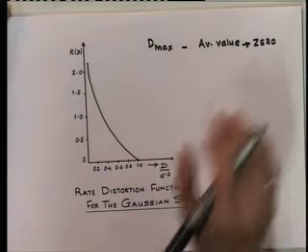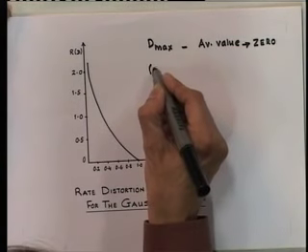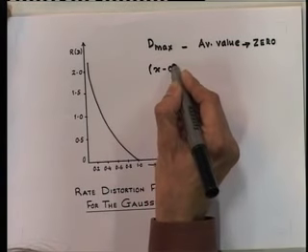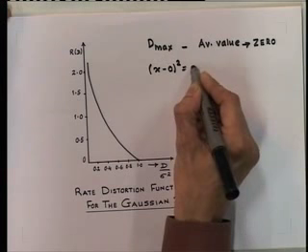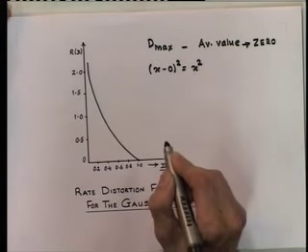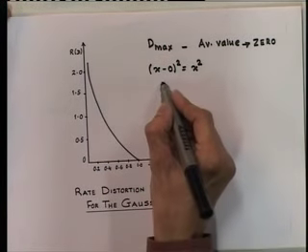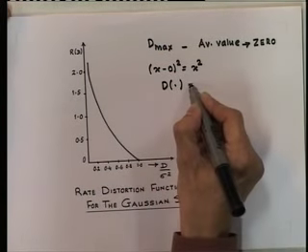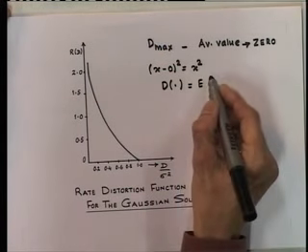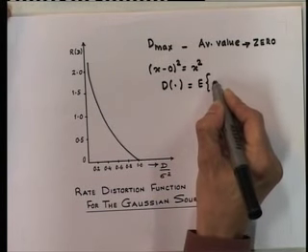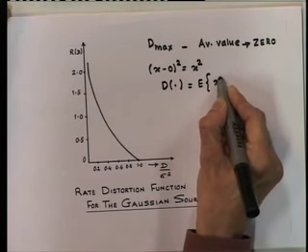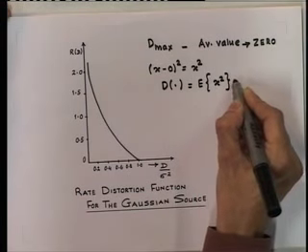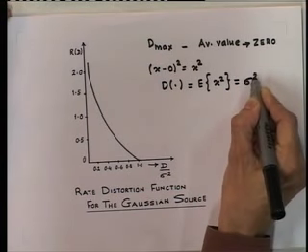The error which is now made is x minus 0 squared is equal to x squared, and the average error is equal to expectation of x squared, which is equal to sigma squared.